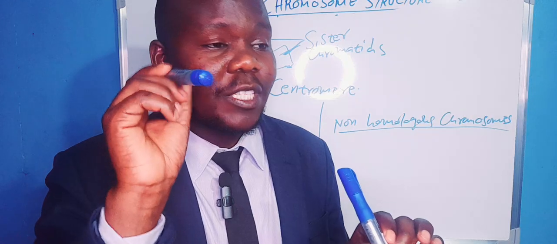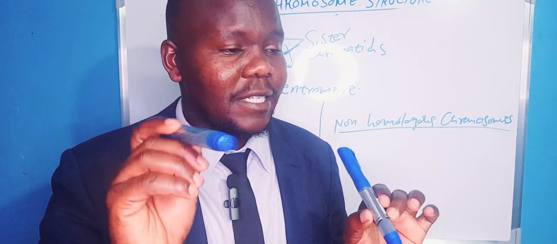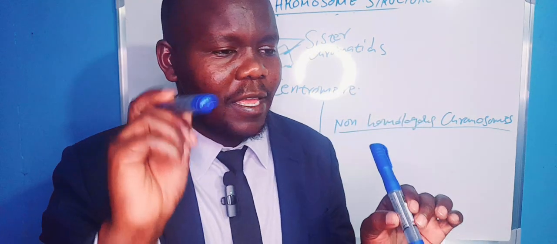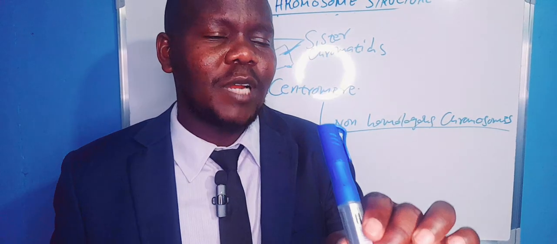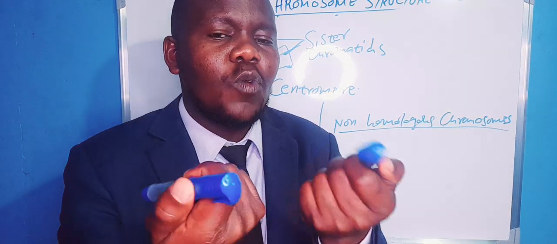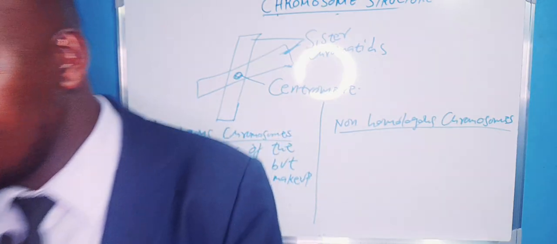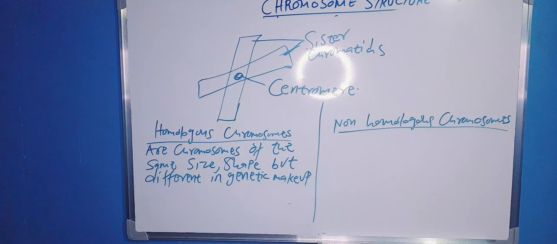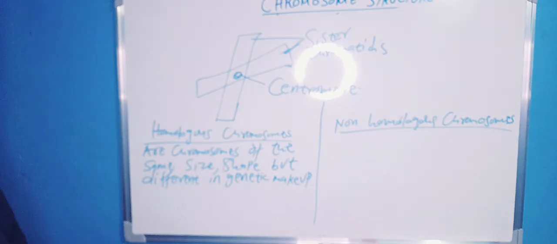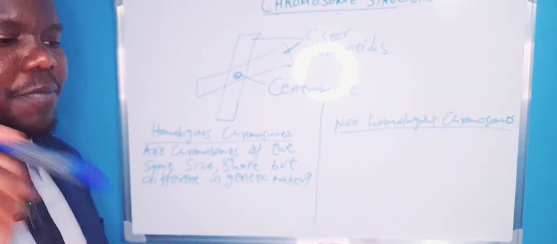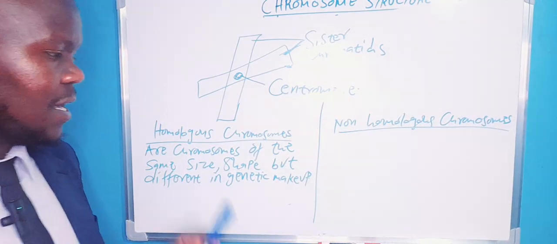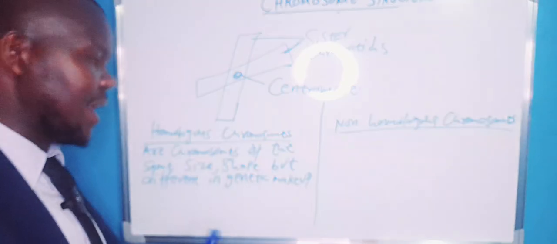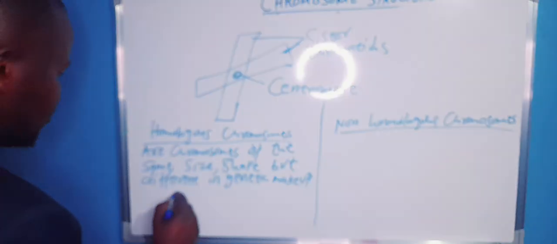But in terms of the content, I can see when I hear this one and this, the ink of this one is almost depleted. But this one has what? So it means the content inside will not be the same. I can take another pen here. So when I speak about the homologous chromosomes, I'll say the content will be different. I can decide to fill this one with even a red ink. So in terms of the structure, they will be the same.